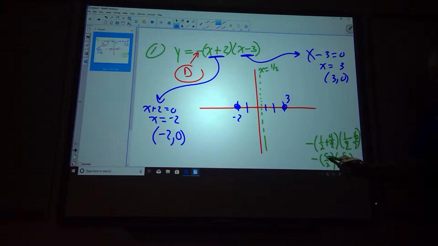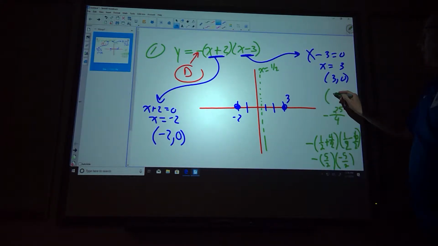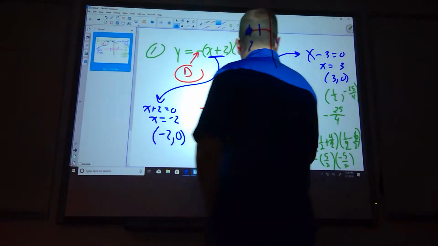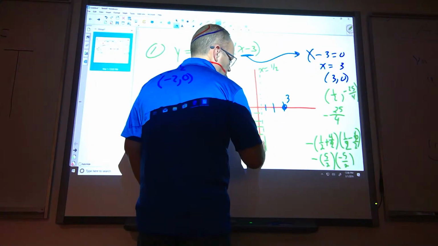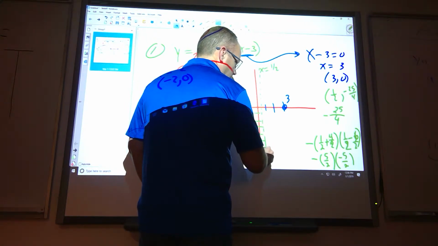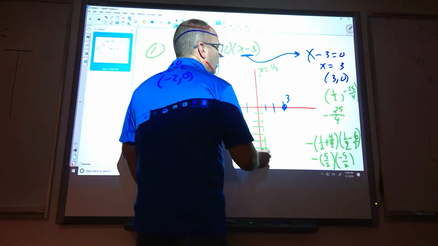So I have 5 times negative 5 is negative 25 times negative is positive 25. And then 2 times 2 is 4. So my vertex is going to be at kind of a fractional amount, which is kind of goofy. If I made 25 over 4 a mixed number, that would be negative 6 and a fourth. So negative 1, 2, 3, 4, 5, 6, a little tiny bit more. So right down there is our vertex.